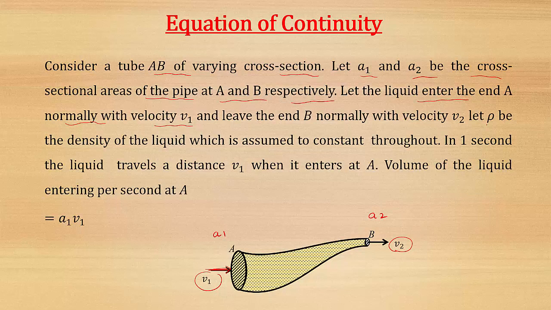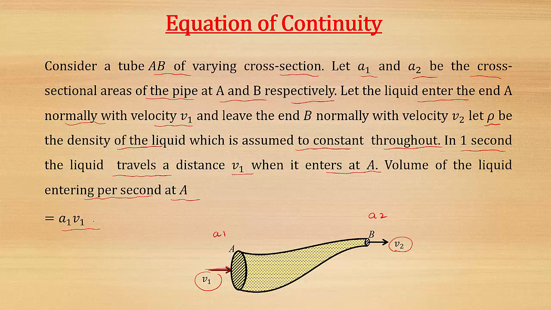Now let rho be the density of the liquid, which is assumed to be constant throughout A and B. Then in 1 second, the liquid travels a distance V1 when it enters at A. Volume of liquid entering per second at A is equal to A1 V1.